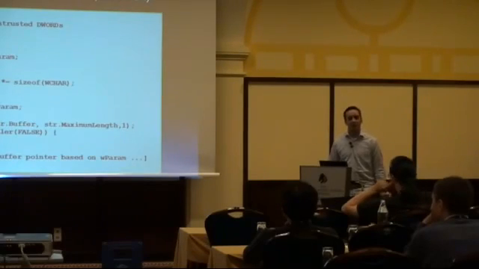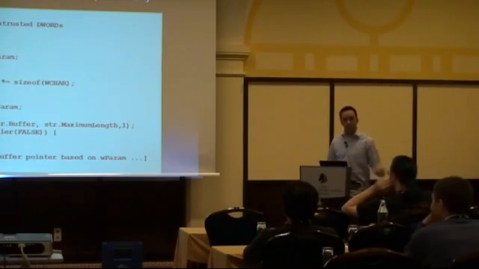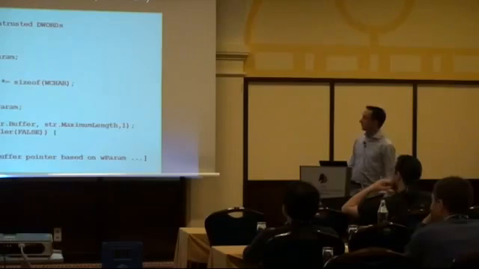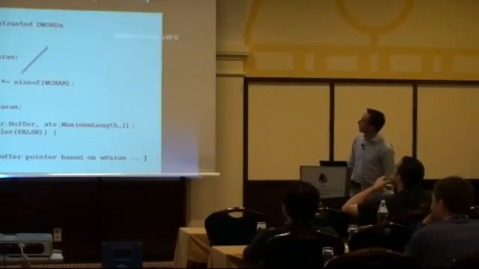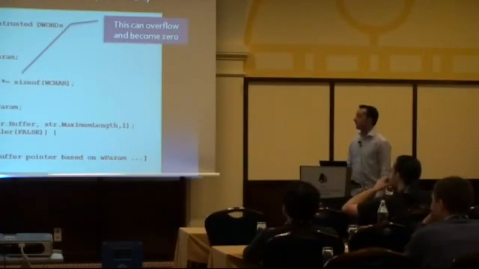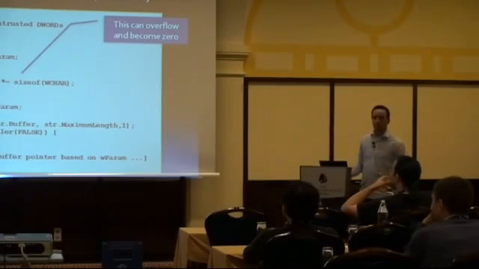What's going to happen if this value gets multiplied by 2? It's going to become 0. It's going to overflow, right? This can overflow, right? What about if we put a kernel mode address in LParam?